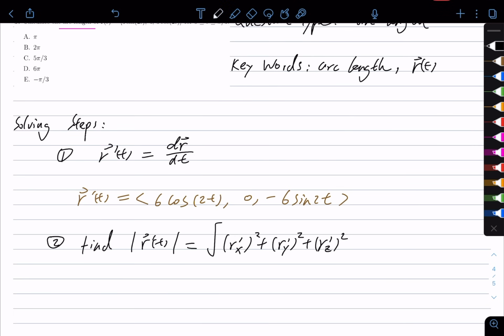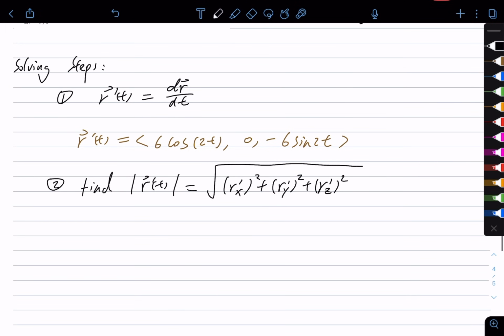Right, so then put everything inside the square root. In this case, the magnitude of this r prime of t is pretty simple, right? I think everybody understands that the magnitude of r prime of t is just going to be 6.